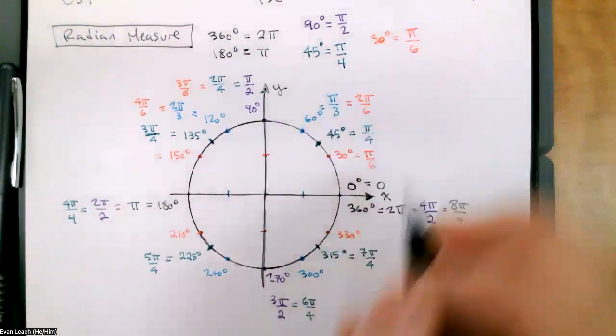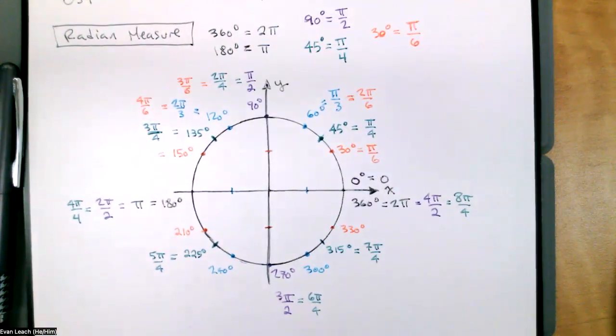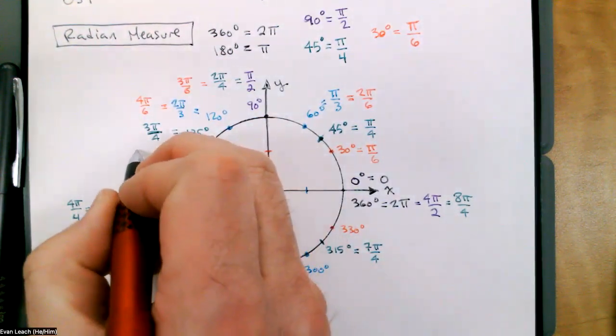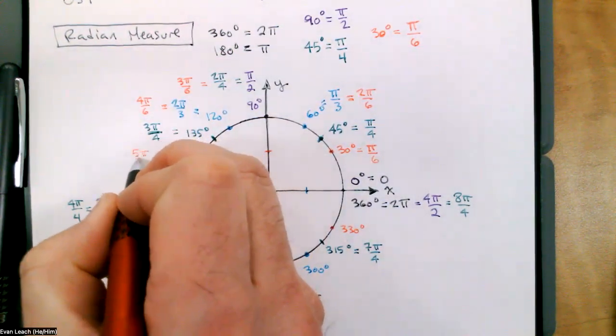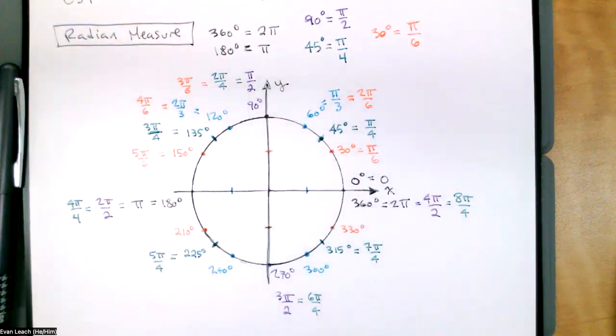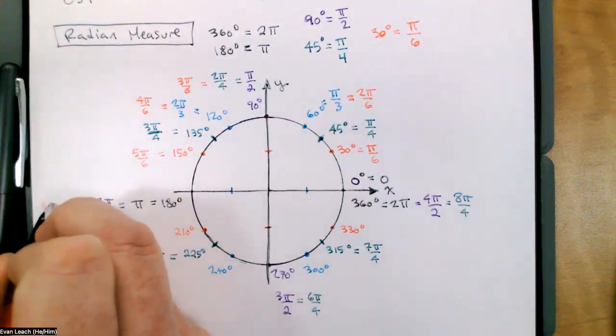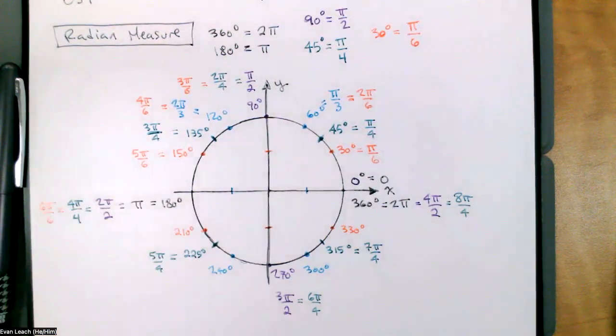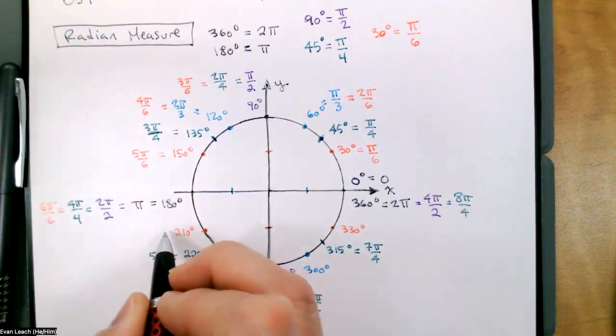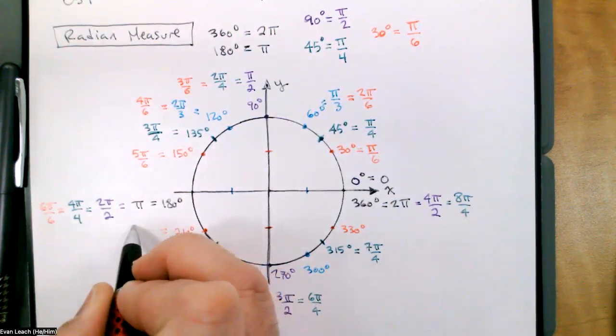Think of the pi over 6 as 30. 150 is 5 times 30, so it's 5 times pi over 6. Where's 6 pi over 6? 180. And then 210 is going to be 7 pi over 6.